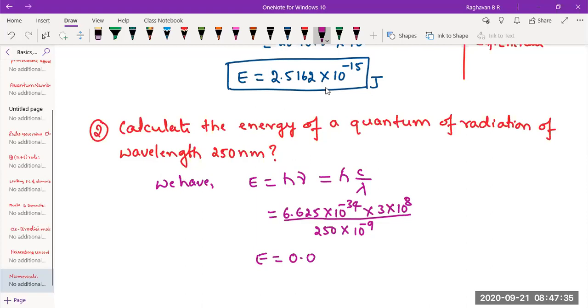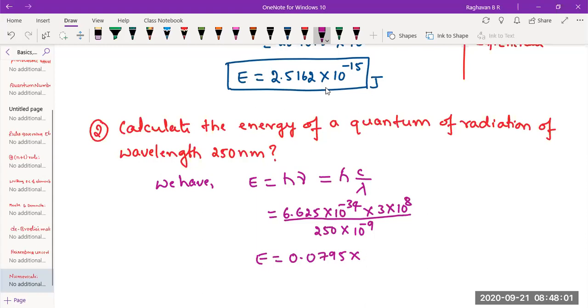How much is that? 0.0795. Sir, I got the value of frequency, 1.2 into 10 to the power of 15 hertz. That's fine. Anyhow, in my steps here, please give me 6.625 into 3 divided by 250. How much is it? Sir, 0.0795. Now, okay.